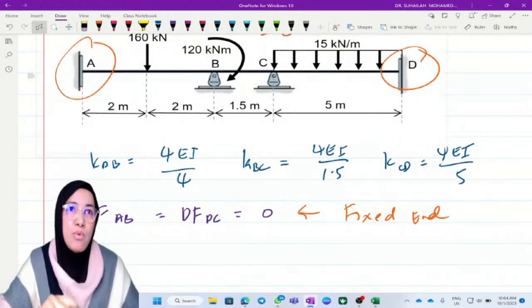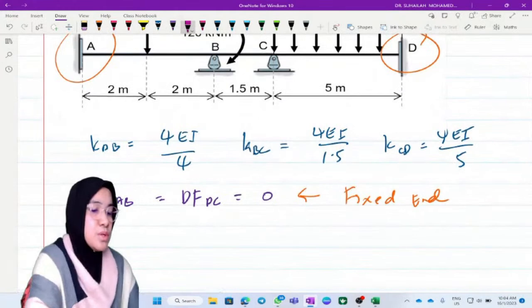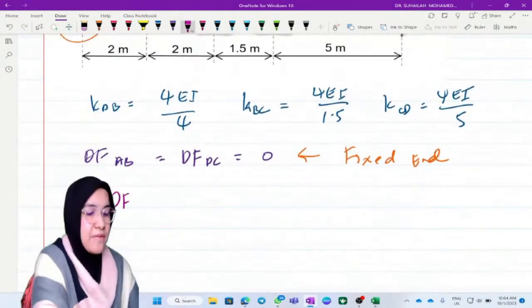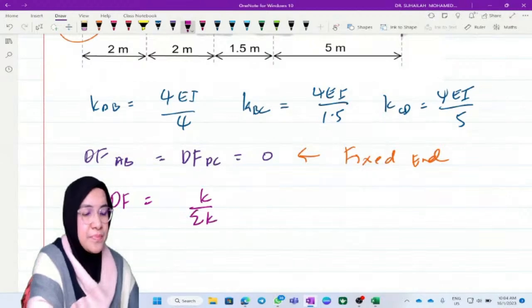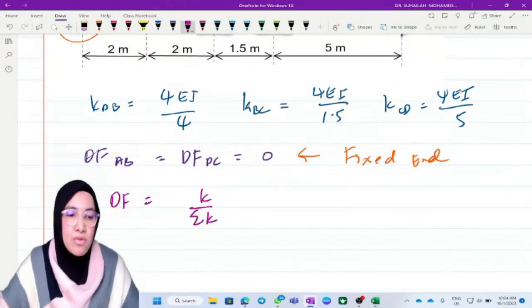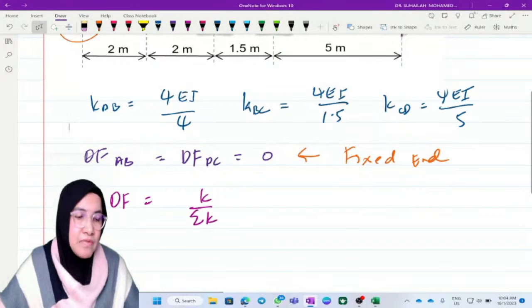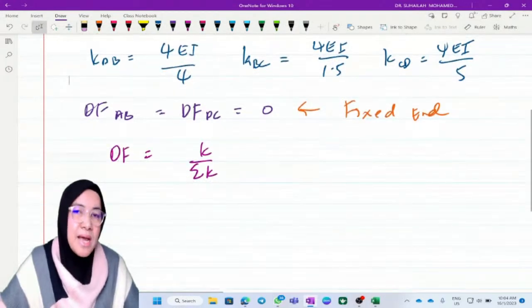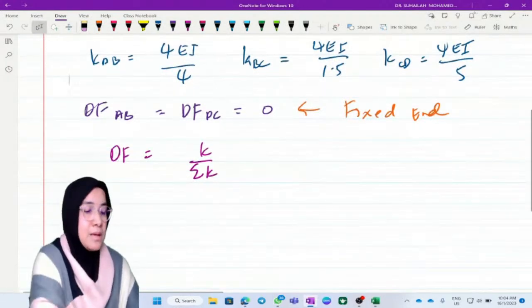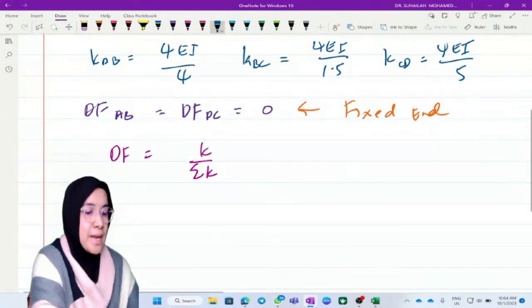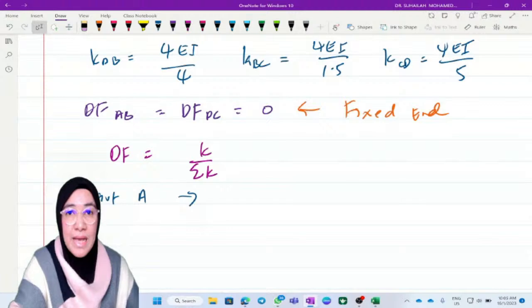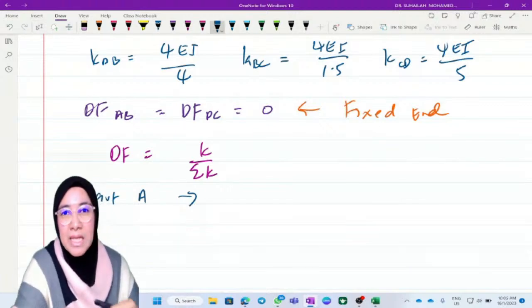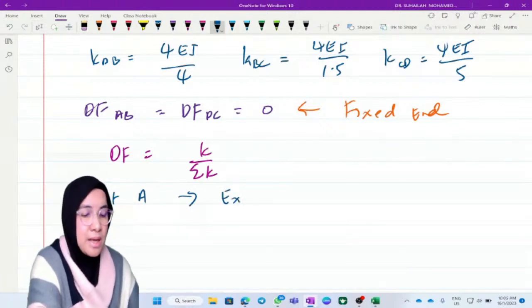Using the formula, DF is equal to K divided by total K. And after that, we will move to part A. In part A, we will calculate FEM due to external loading only.